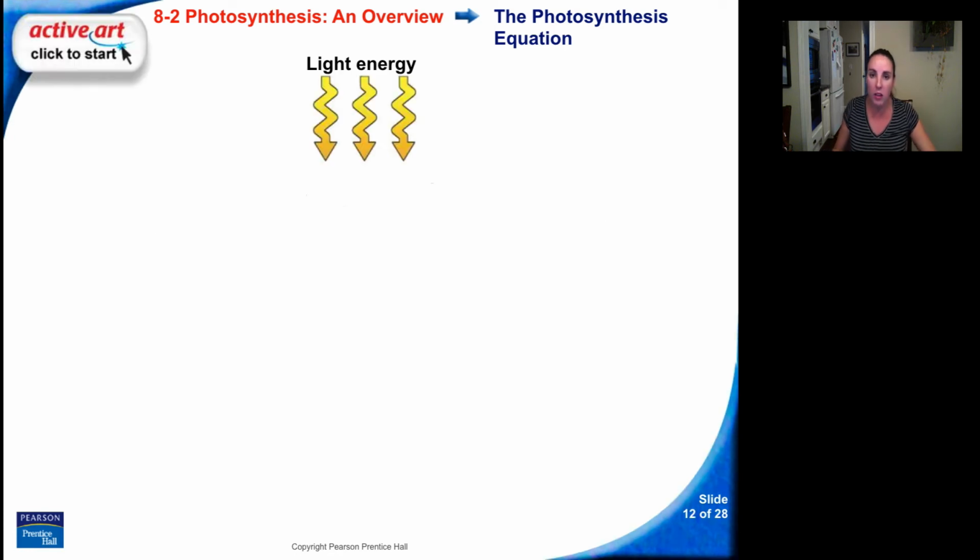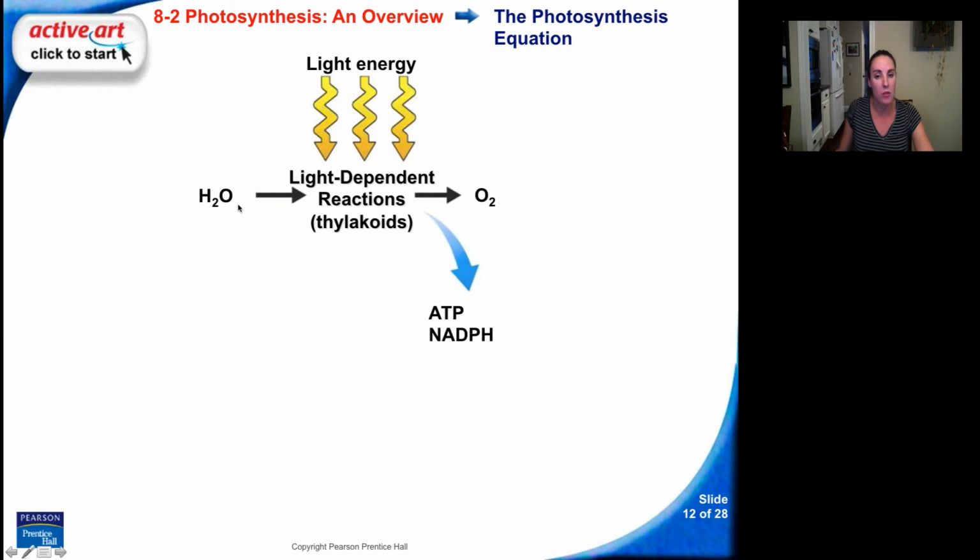So if we look at an overview of the reactions involved in photosynthesis, we start with the light-dependent reactions in the thylakoids. Okay, so we get light energy coming in, plus the presence of water, and what's released is oxygen, and what's made from these light-dependent reactions in the thylakoids, which we'll talk about in the next section, is ATP and NADPH.